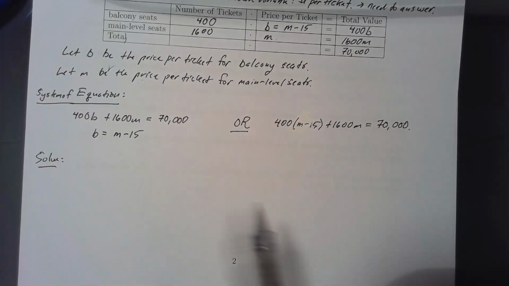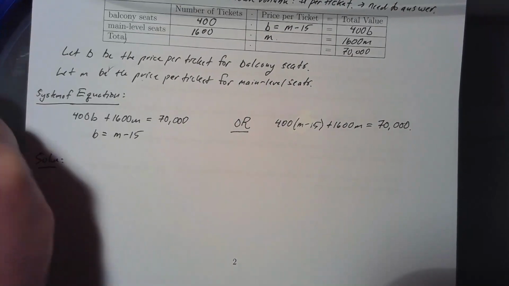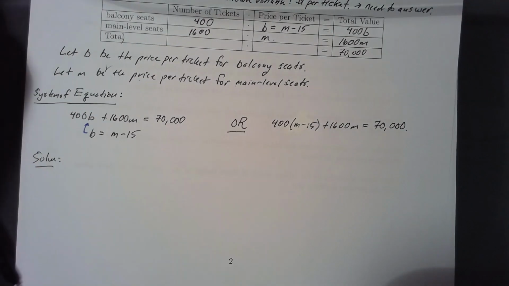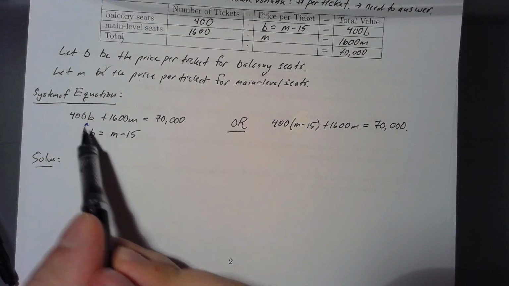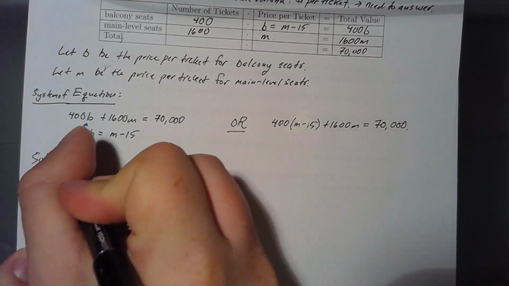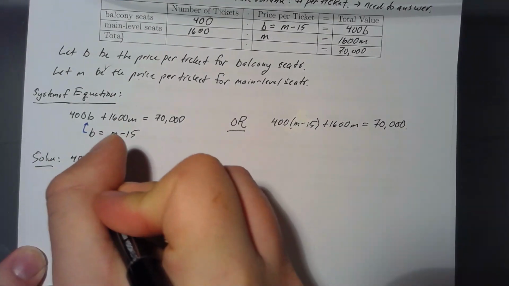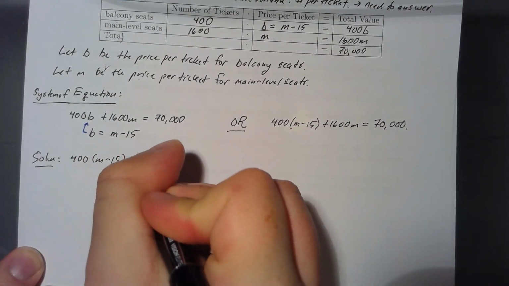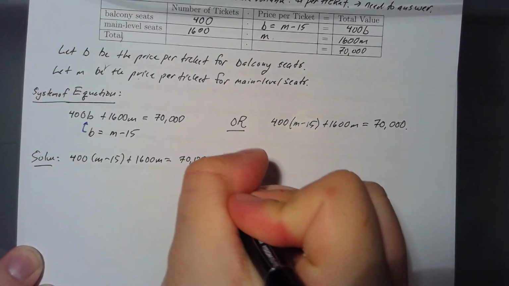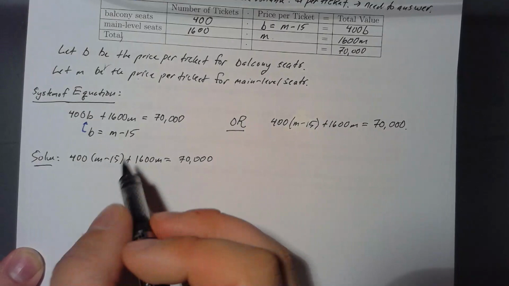So when you solve it, you could take this and plug it in there, right? Just take B and plug it in here. You're going to get that. So now, how do you solve this?